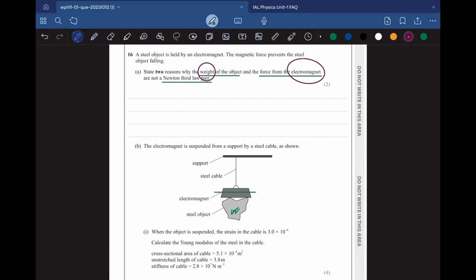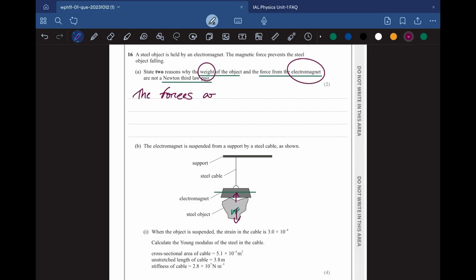The weight is acting on the steel object, and the electromagnetic force is also acting on the steel object. But for Newton's third law pair forces, the forces need to act on different bodies. Now we can write the reasons.